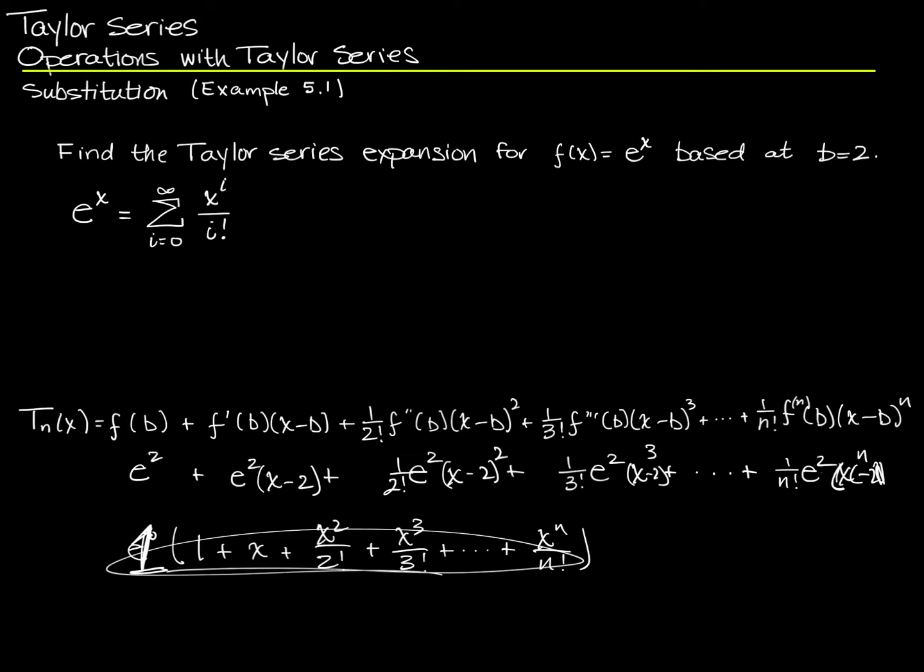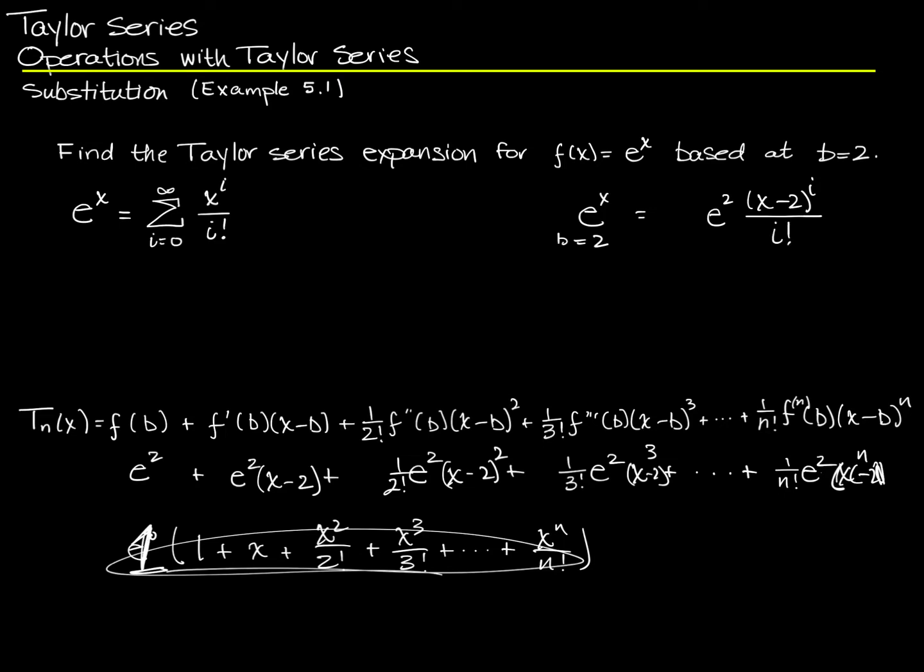My proposal is that e to the x, based at b equals 2, would be e squared. If I factor out an e squared, my nth term would look something like this: e squared times x minus 2 to the power of i over i factorial.